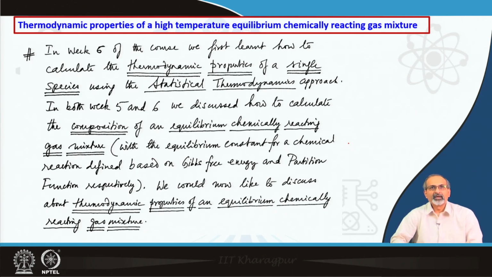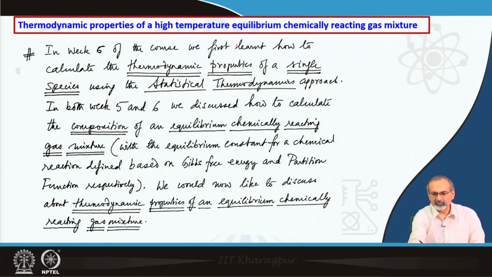If you recapitulate, in week 6 of the course, we first learned how to calculate the thermodynamic properties of a single species using the statistical thermodynamics approach. And then if you consider both weeks 5 and 6, we discussed how to calculate the composition of an equilibrium chemically reacting gas mixture.